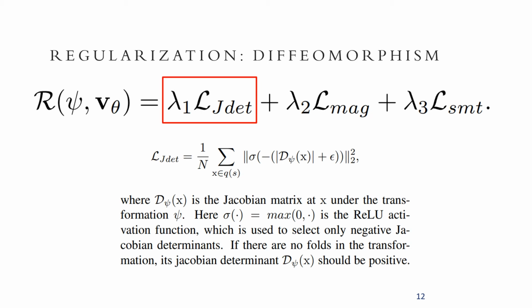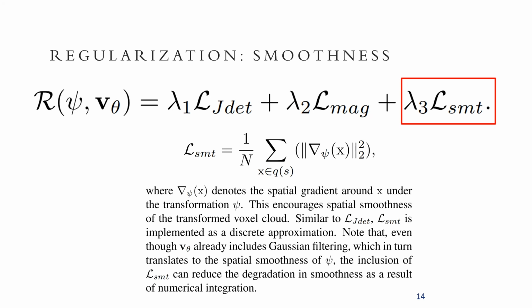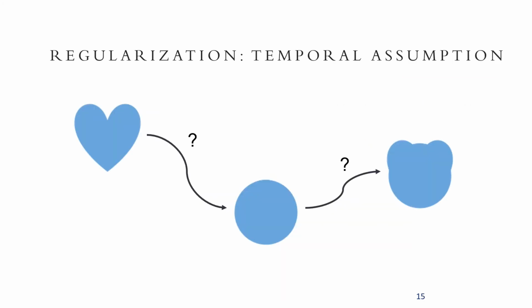For example, we use negative Jacobian loss to ensure the transformation is diffeomorphic, and we regularize the transformation to be energy minimized and smooth. We also show our framework can add temporal assumptions on the system. For example, here the intermediate images act as constraints along the transformations. We unify the optimization problem of discovering differential equations and their solution in one network.